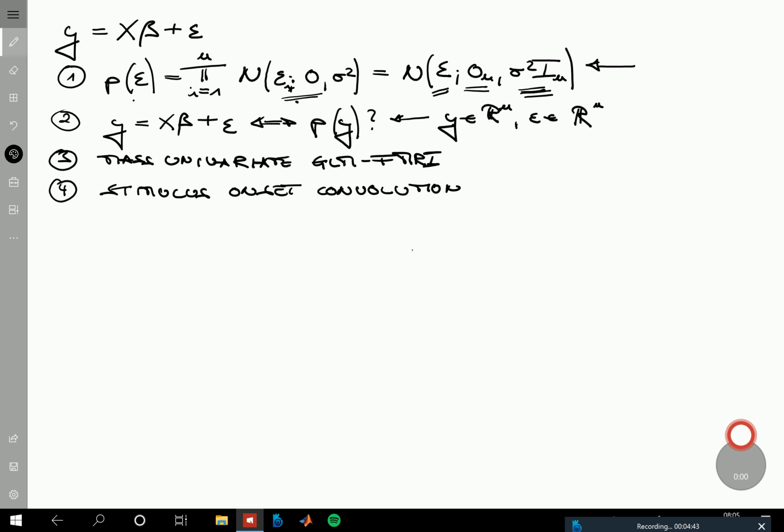So that means that in the multivariate case, it's not a scalar error which is normally distributed, but an error vector. Yes, it's an error vector.